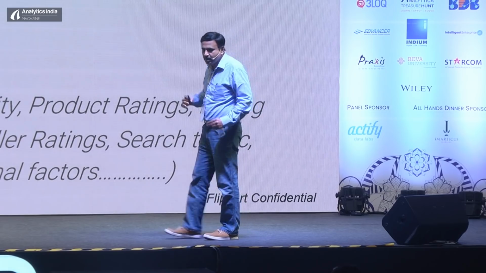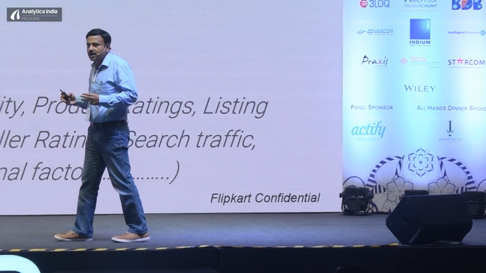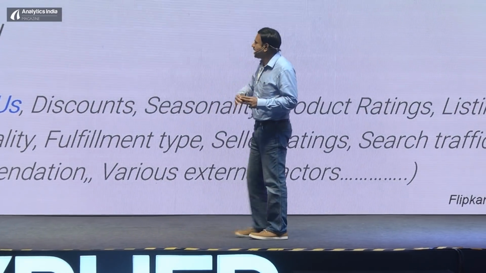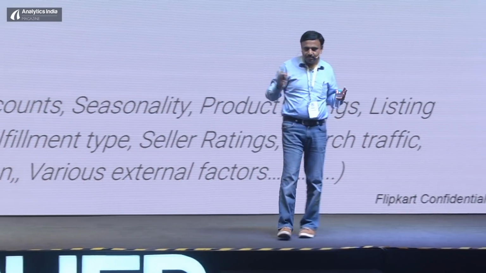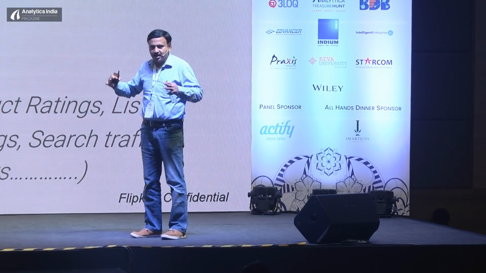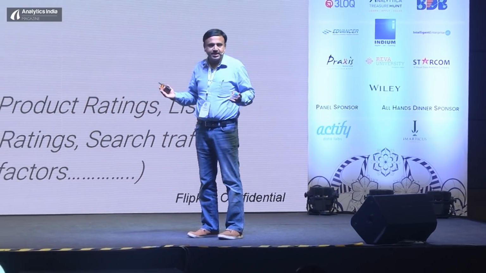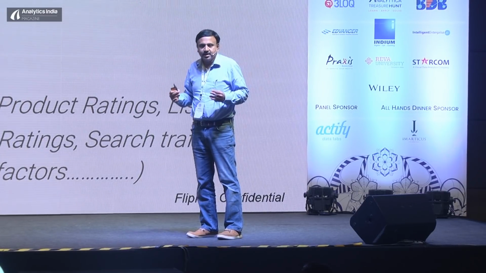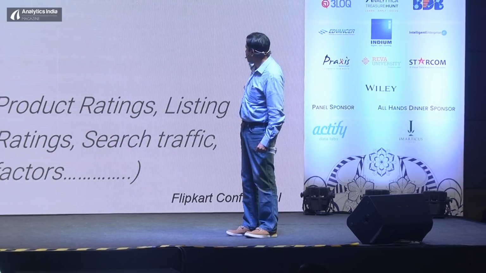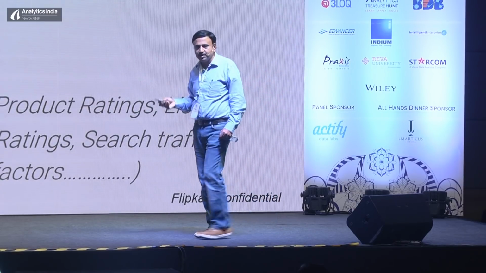That's the problem statement. The first thing you need to do is very straightforward, right? First you build a model, taking all the attributes. This is a demand model, right? We build a model which predicts demand, and it's a function of a lot of different things, right? What is the discount, seasonality, product rating, listing, speed of delivery, and so on.